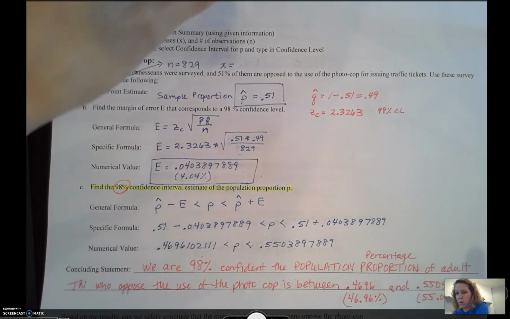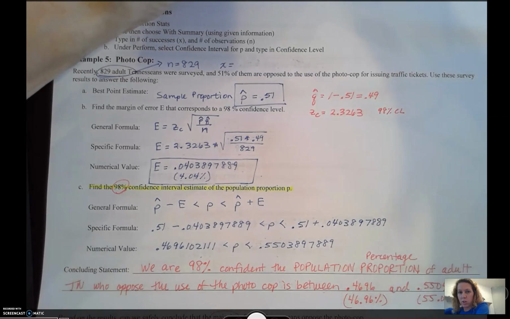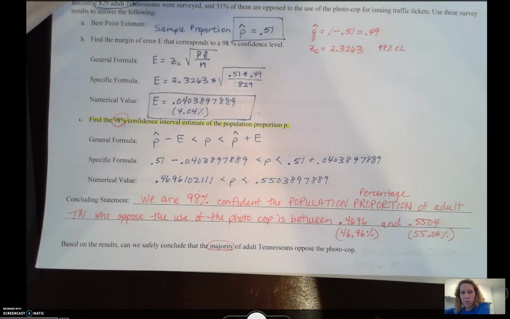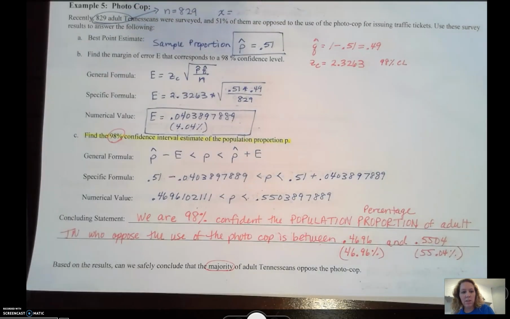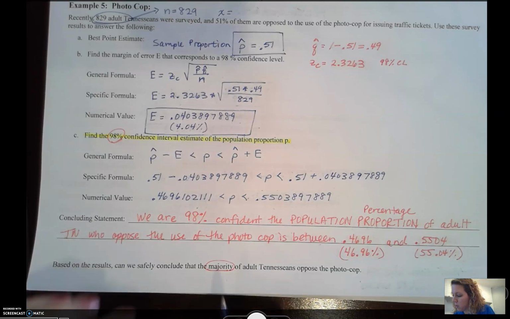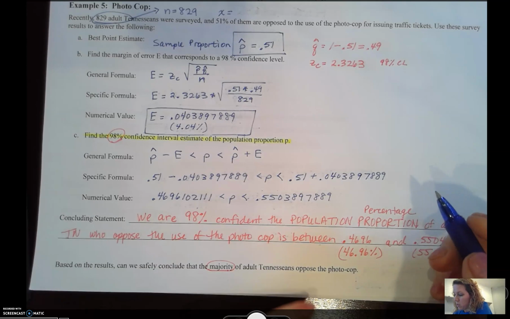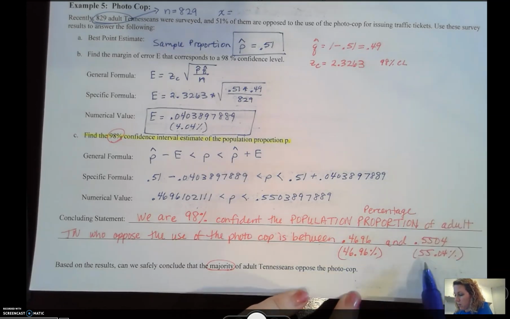Let's go ahead now and answer the other question. Let me move this a second here. There we go. You can see it now. Okay, based on that result, can we safely conclude that the majority of adult Tennesseans oppose the use of the photocop? Well, we know that it's somewhere between 46 and 55%.